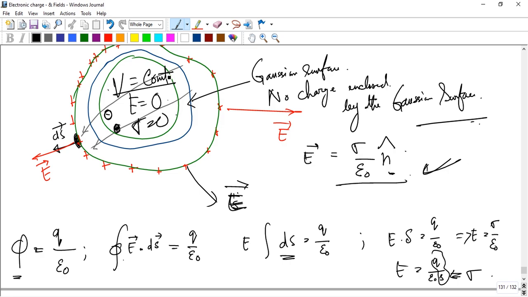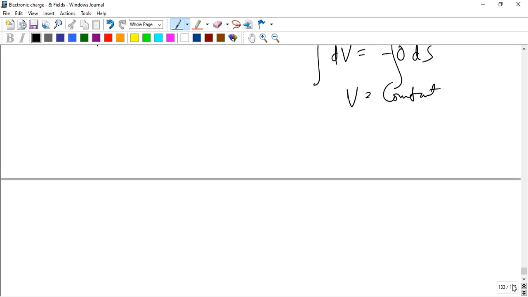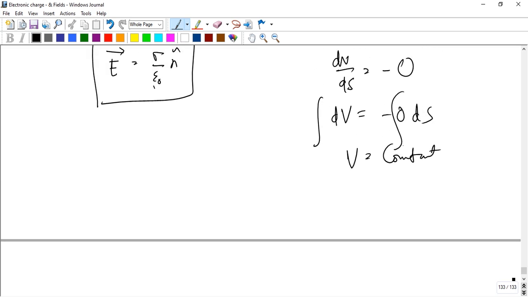Now, if I modify the diagram in a similar way, the easiest way actually, suppose that is a surface, and that is the inside.